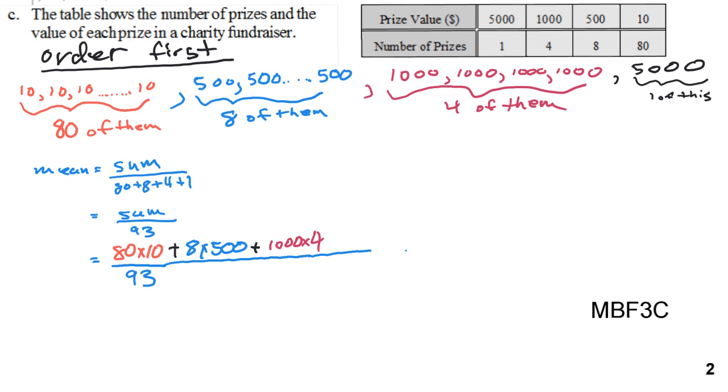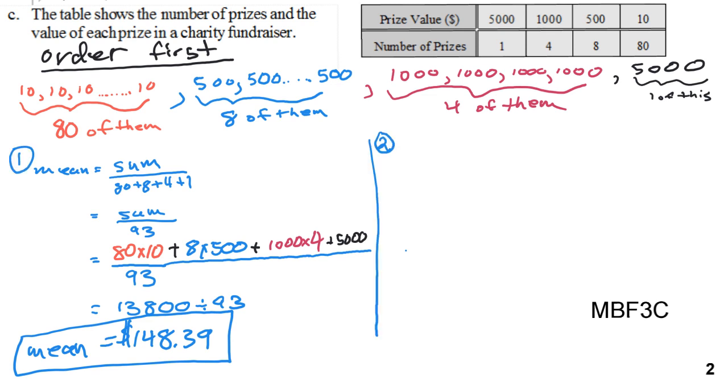And then we got to add 5,000 plus 1. And we just add the 5,000 at the end because it's just 5,000 times 1. And then we just total that number and we end up with 13,800 on the top, and then we divide it by 93 to get our final answer of $148.39. And that is what our mean is.